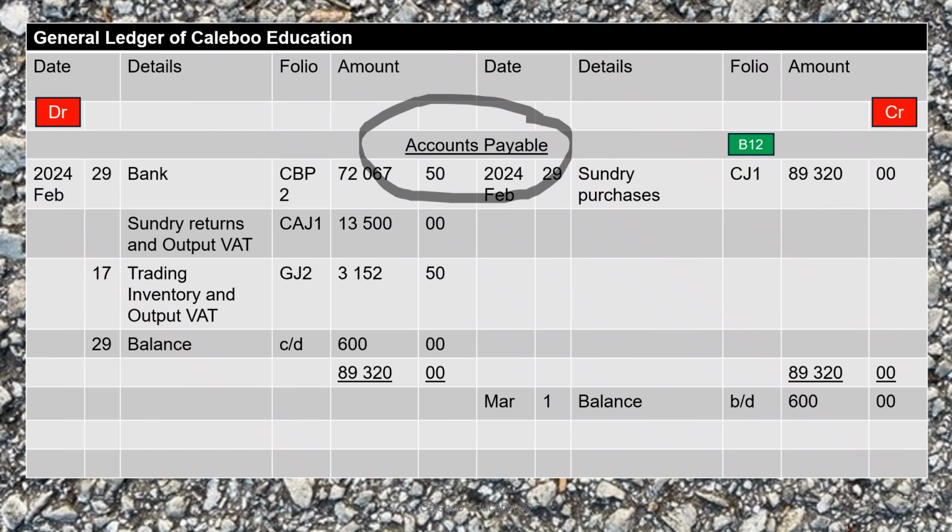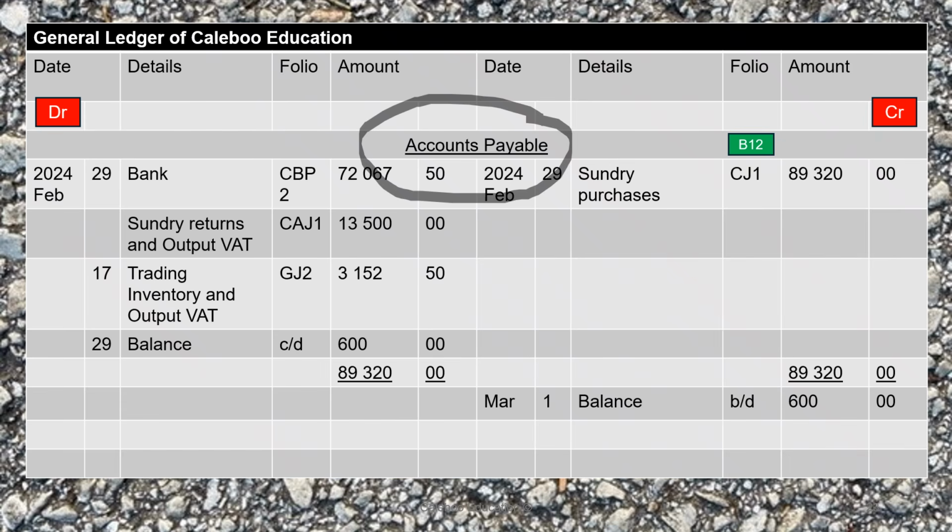The main purpose of this exercise though was to do the bank account, and we completed the bank account. If you want to go back in the video, it's very easy, but the important general ledger account for this video was the bank account.